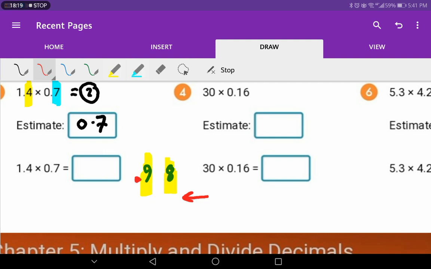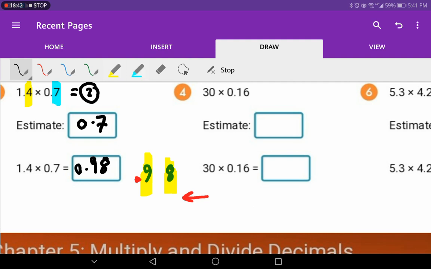So it is 0.98. That means the whole number is 0. So the answer is 0.98.